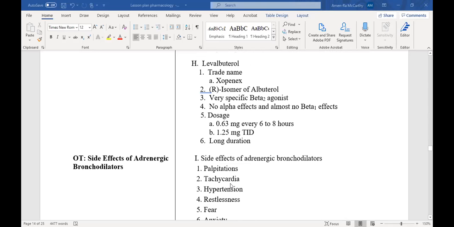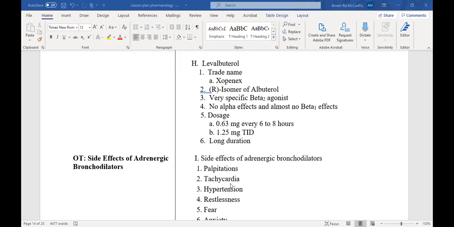All right. Finally, last one, lev-albuterol. That's the one I showed you earlier. This is the one that's very, very expensive. Trade name, Xopenex. Starts with an X, not a Z. Xopenex is the trade name for lev-albuterol. It is an isomer of albuterol.